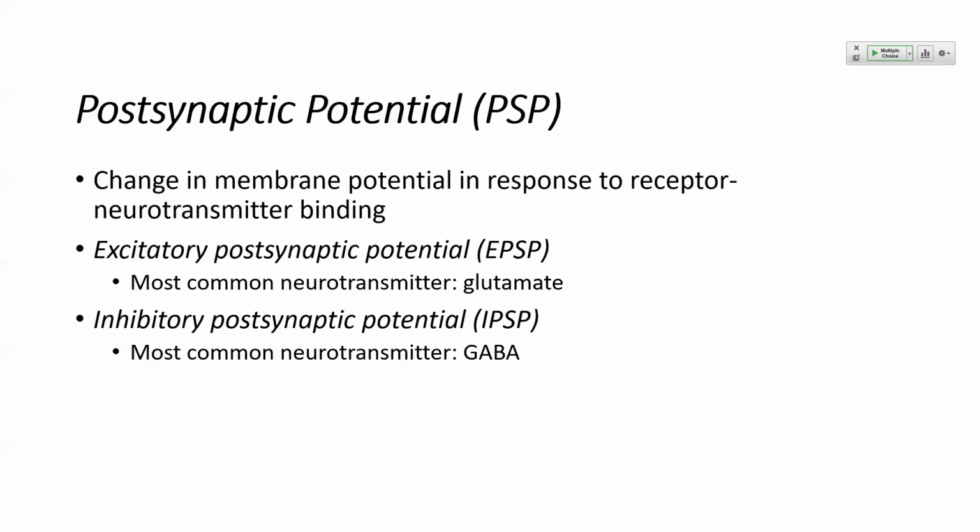Likewise, if GABA is the neurotransmitter at the synapse, I am either going to close a sodium or calcium channel, or I can open a potassium or chloride channel, okay? So we can bring about different types of responses by opening or closing the different ion channels.